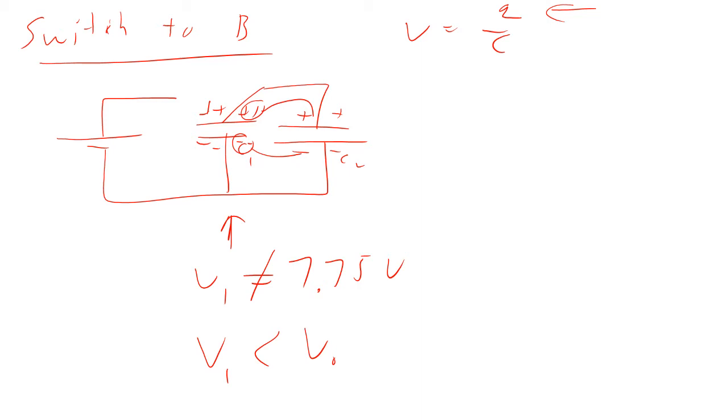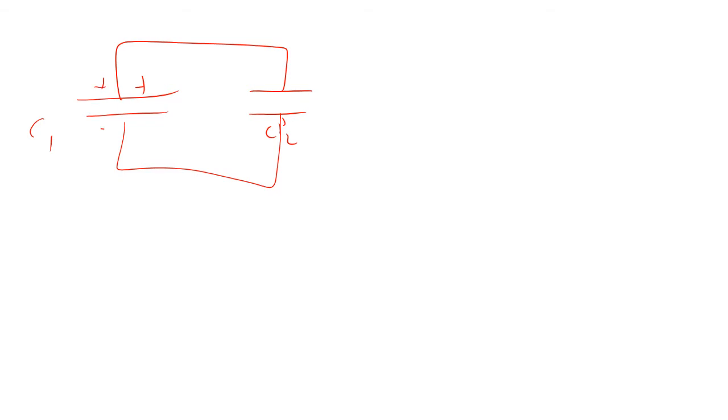So what's our takeaway here? We have these two capacitors, C1 and C2, and they are effectively connected like that. The tops are connected together and the bottoms are connected together, so they're in parallel. This acts like one capacitor, some equivalent capacitance, and that's going to be C1 plus C2.